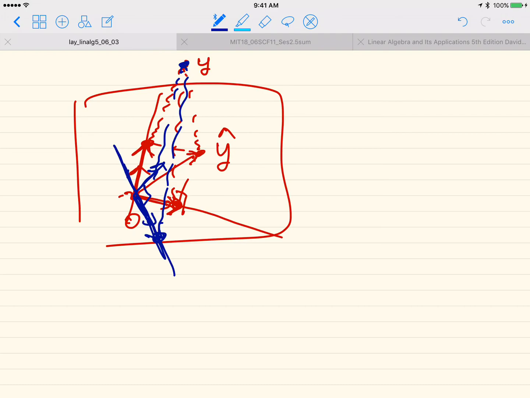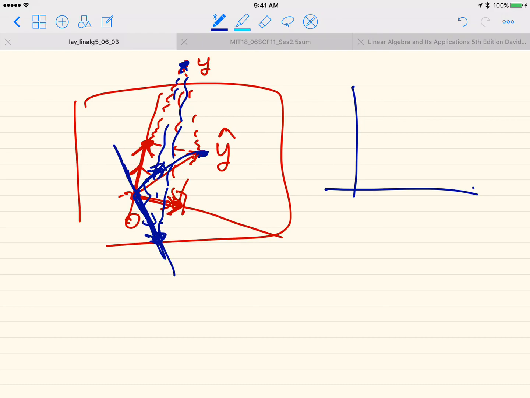Yeah, sorry for the bad drawing, but after adding these two vectors, this guy will become this.